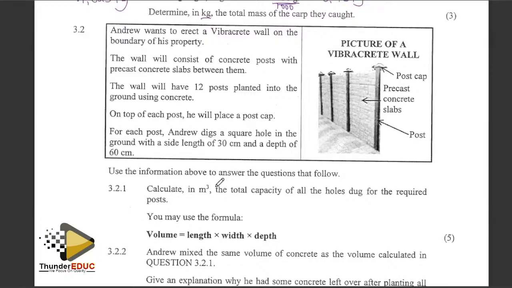The wall will have 12 posts planted into the ground using concrete. On top of each post, he will place a post cap for each post and digs a square hole in the ground with a side length of 30 centimeters with a depth of 60 centimeters.